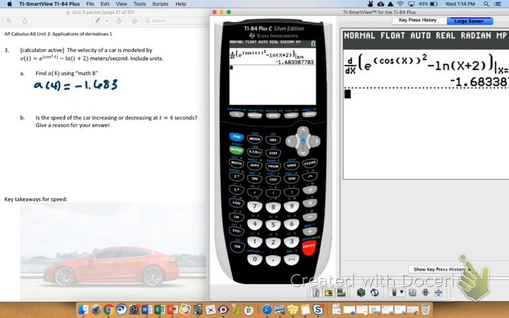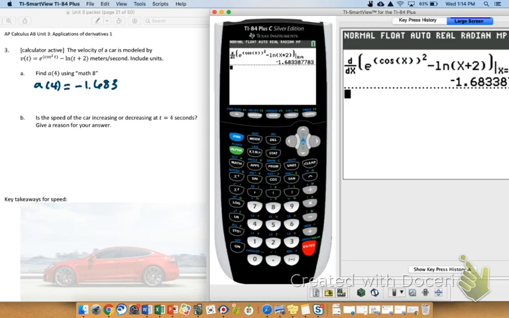I know I'm not quite that fast, but I sped up, didn't I? So think this over. If my velocity is negative and my acceleration is negative, my speed's increasing, isn't it? Who knew? So just because acceleration's negative is not going to give us a definitive answer.